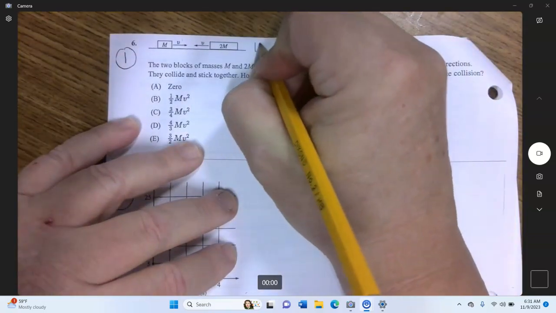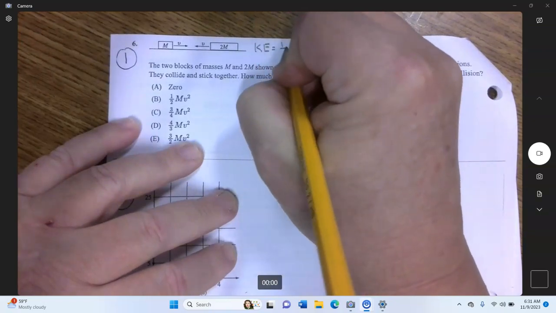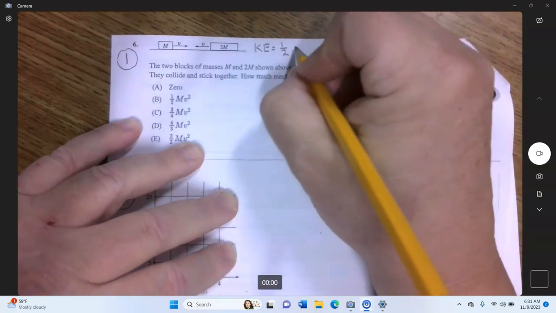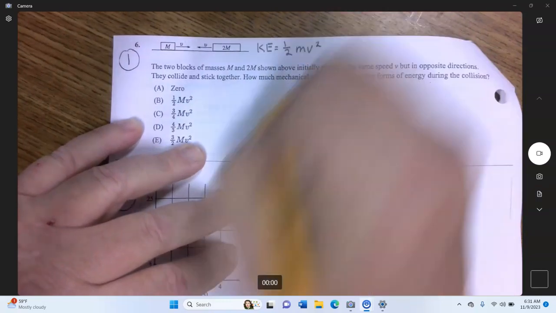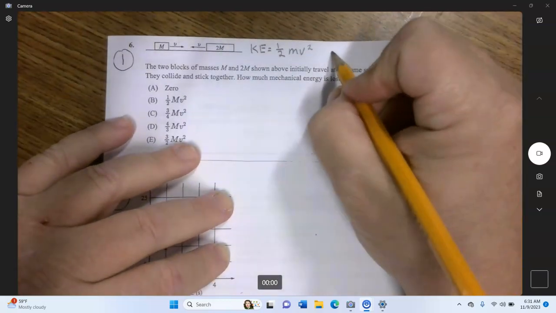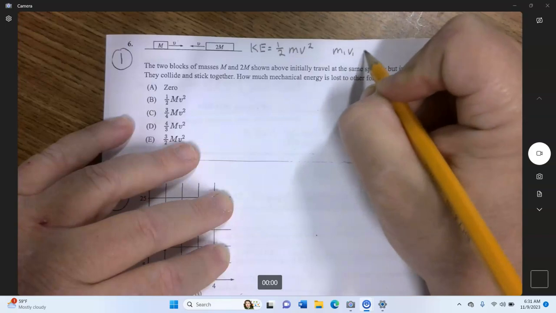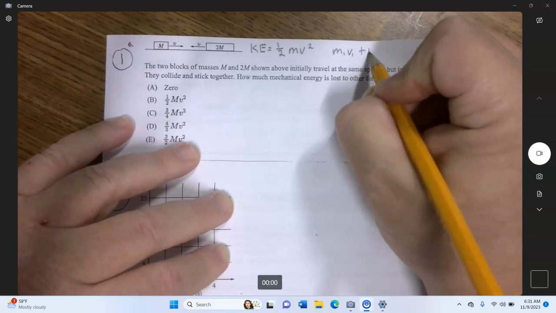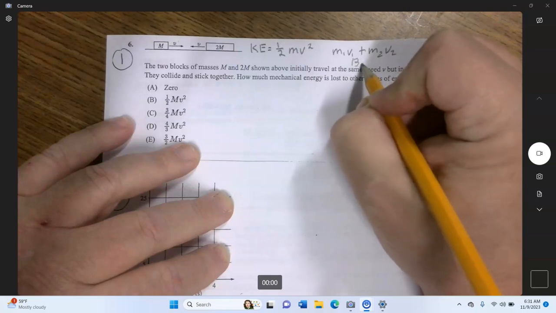So for kinetic energy, it says mechanical, but there's no potential energy involved. So for mechanical energy, that is the kinetic energy, is 1/2 mv squared. That's the general formula we'll need. For conservation of momentum, it's m1 v1, mass times the velocity of the first block, plus m2 v2, and that's before they collide.